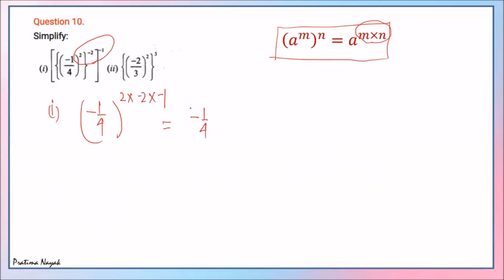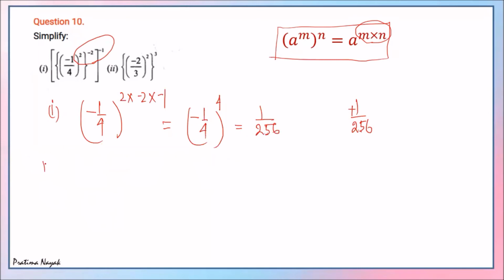It will be -4 into -1, that is plus 4. If it is simplified, this will be the answer. No need of writing it in rational numbers. If the question is in rational numbers, then it will be (1/4)^4, which is 256, and the negative power makes it positive. So this will be 1/256.